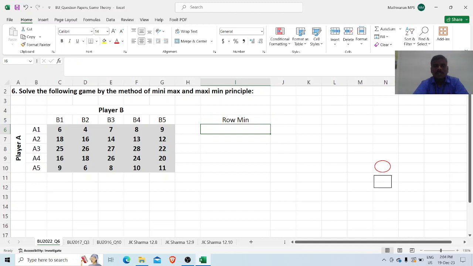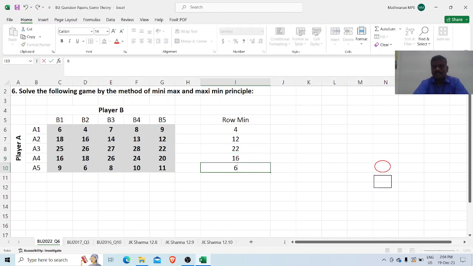In the first row, the minimum value is 4. In the second row, the minimum value is 12. In the third row, the minimum value is 22. The fourth row, the minimum value is 16. And in the fifth row, the minimum value is 6. So these values are called row minimum values.